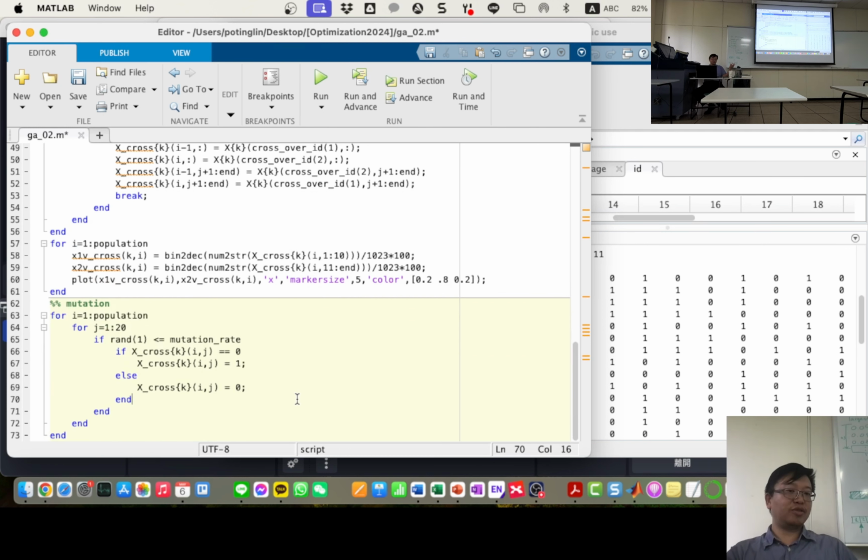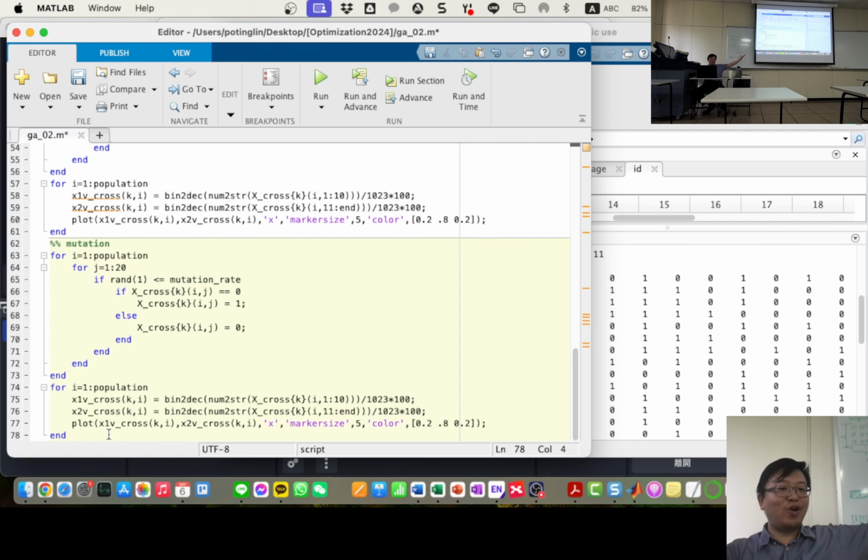So that's mutation. So once it's mutated, I'm gonna do the same thing again, just to plot out where they are. But this time, I'm not going to use a cross. I'm going to use a square box and change to a different color, maybe black.